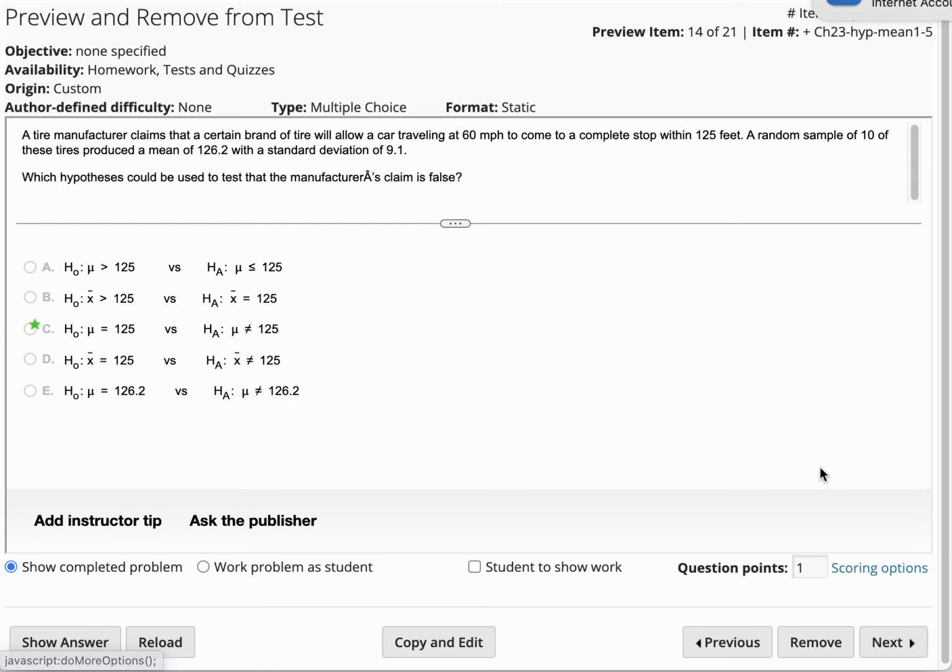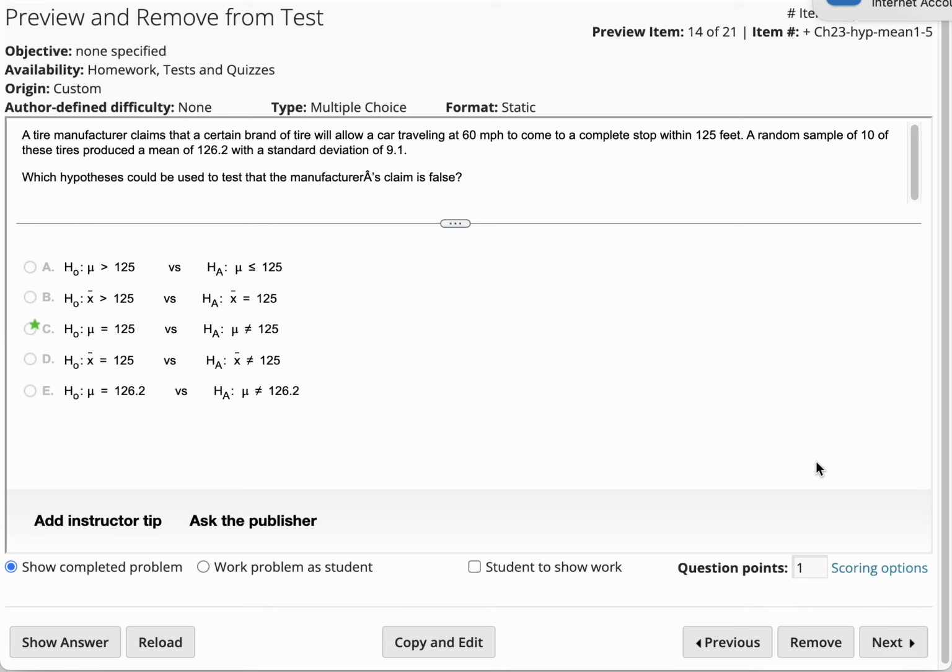Here we go. A manufacturer claims that a certain brand of tire will allow a car traveling 60 miles an hour to stop within 125 feet. You collect some data.